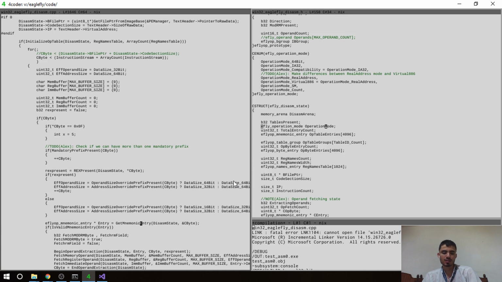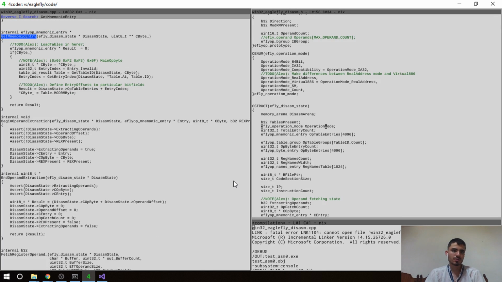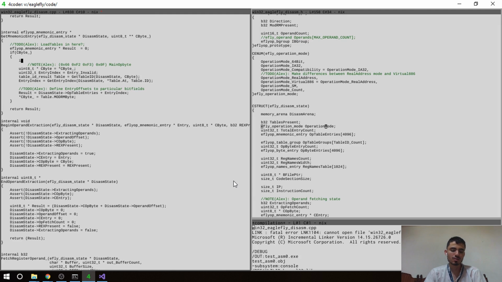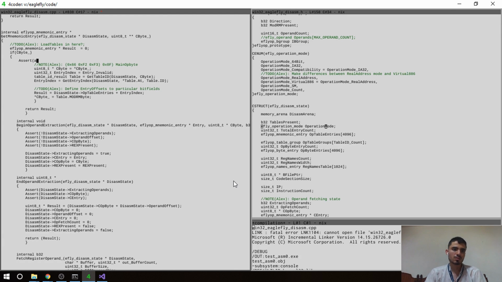So for the get mnemonic, we're gonna do pretty much the same stuff and say that the table ID, something like, well, it can stay the same, I guess, because the REX prefix, we can get a table itself, so we have to make sure that whenever we got 64-bit mode, we can just do this if 64-bit mode.